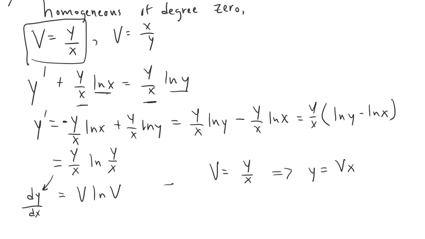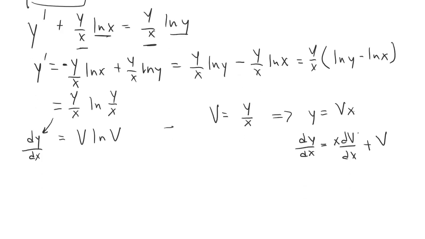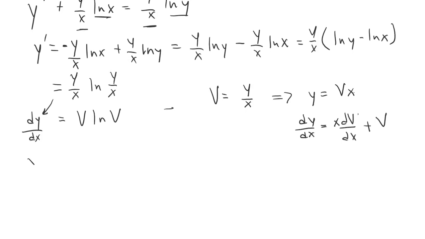Then if I take the derivative, that's going to give me dy dx equals, and we have to use implicit differentiation here, x dv dx plus v. Notice that this is the derivative of v with respect to x times x, and then v times the derivative of x with respect to x, which is just 1. Now we can just go in and substitute that. So I'm left with x dv dx plus v equals v ln v.